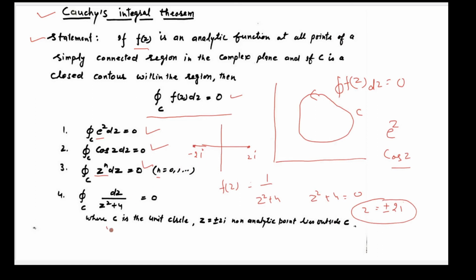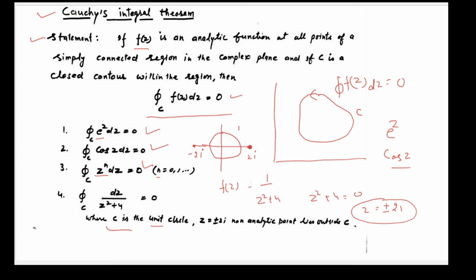But if C is a unit circle, meaning a circle of radius 1, these 2 points lie outside this circle.